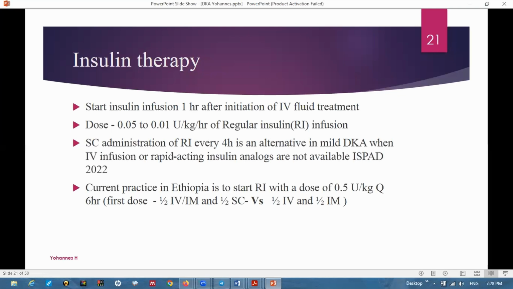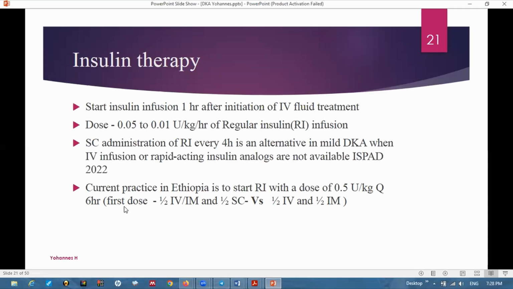If a perfusor is not available, you can use subcutaneous administration of regular insulin every 4 hours, as an alternative in mild DKA when IV infusion or rapid acting insulin analogs are not available. This is based on the ISPAD guideline. Current practice in Ethiopia is to start regular insulin at a dose of 0.5 unit per kg every 6 hours.